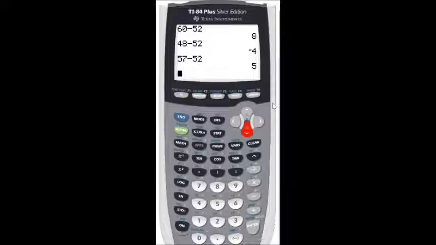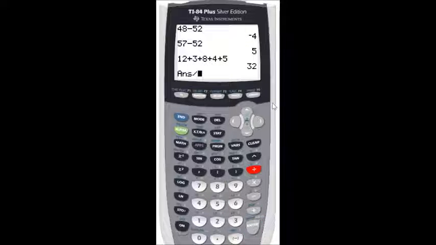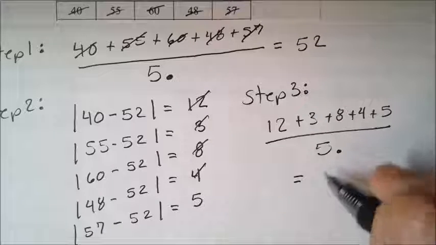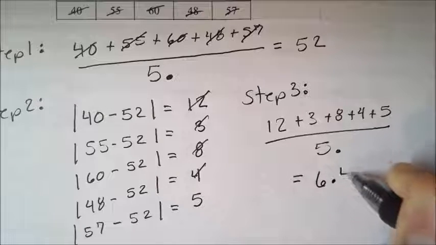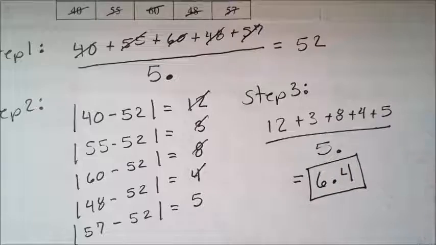Alright, so let's go ahead and put those in. We have 12 plus 3 plus 8 plus 4 plus 5. And then we're going to divide that by 5 and put a decimal after it. Hit enter, and it gives us 6.4. So we're going to record that, 6.4, and that is our mean absolute deviation.